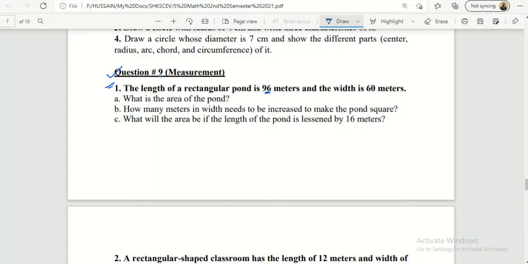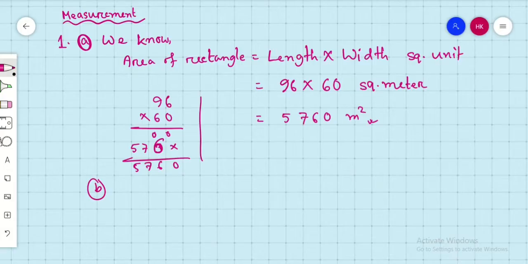Question number B asks, how many meters in width needs to be increased to make the pond square? That means at first we see this is a rectangular shaped pond which length is 96 and width is 60. So if it is needed to make a square, we need to increase the width.